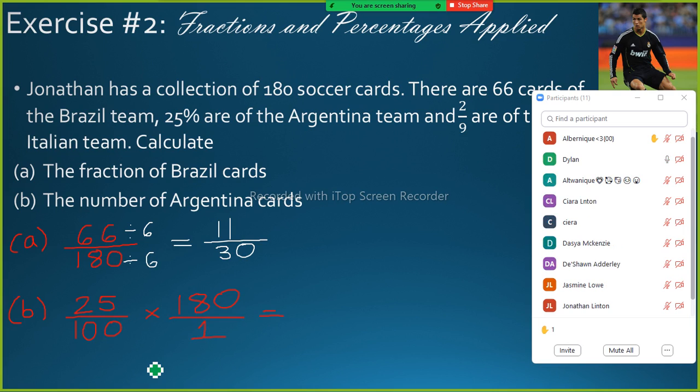How about the zeros? Which zeros are we gonna cancel out? The 2 zeros. How about this one with that one?